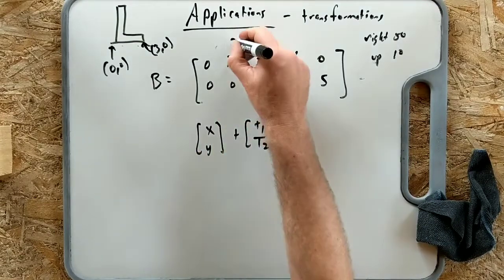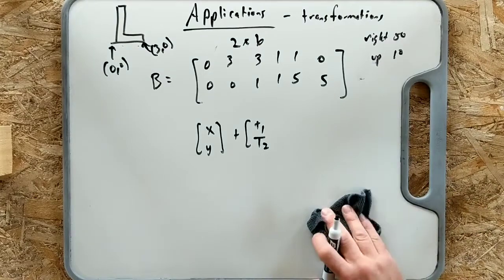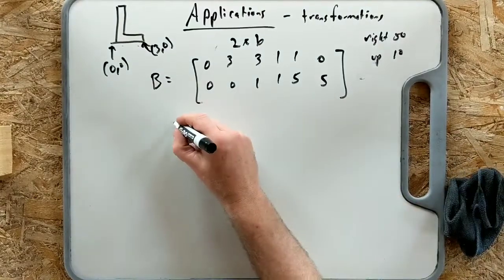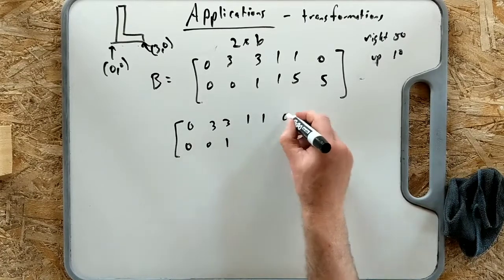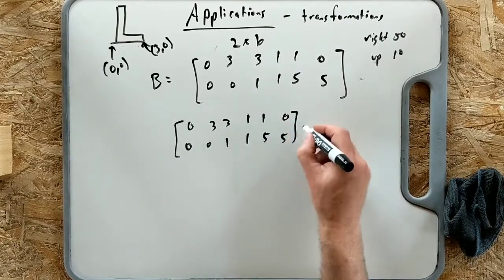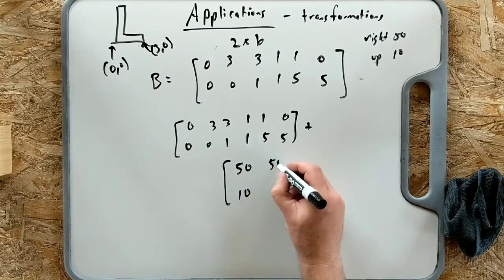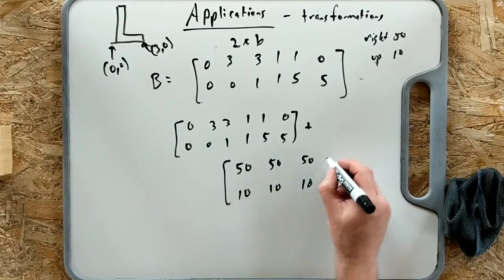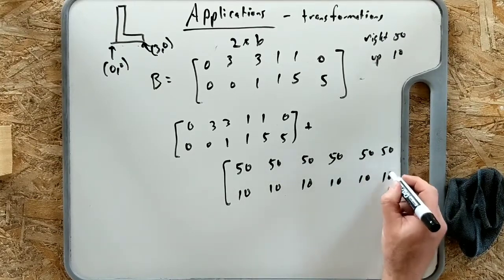Problem is this is now 2 by 6 in this case, or in your own screen, 2 by 240,000. So what you do is you actually create a matrix like this, the 0, 3, 3, 0, 0, 1, 1, 1, 0, 1, 5, 5, and you add to it right 50, up 10, except you do it with a matrix, to make them the same size, like that.